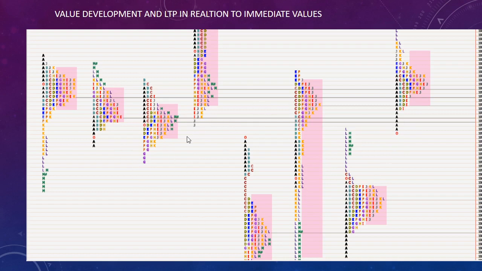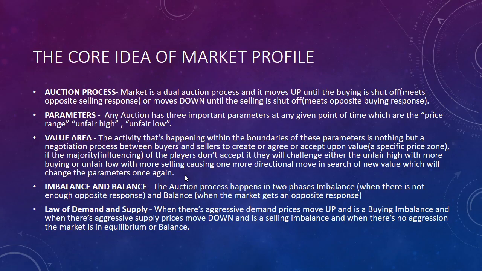That gives a lot of insights: if the price is trading higher with respect to previous value, that itself is a positive sentiment. And in contrast, vice versa, if price is trading lower compared to the previous values, that's a negative sentiment, right? That's why I want you to focus on the value area part. Also imbalance and balance are the focus points, because imbalance helps you identify the trend, and balance helps you know that the market is in balance and it might not move much, right?